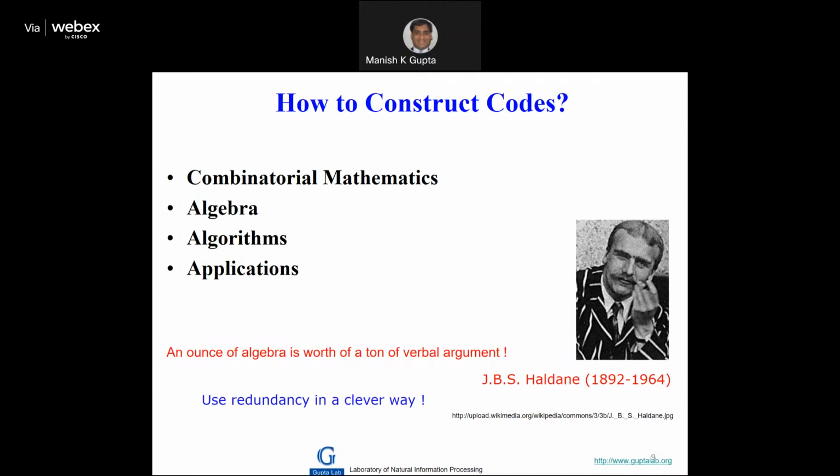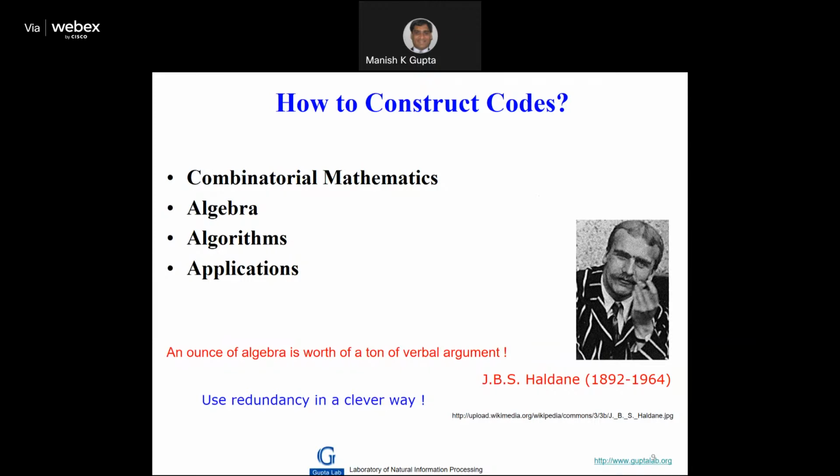Now, how to construct codes? How do you construct these algorithms? The answer is combinatorial mathematics, algebra, or the linear algebra course you might have done, right? The algebra course is happening this semester, right? That is a very important thing. And of course, depending on the application, algebra is very beautiful, right? An ounce of algebra is worth a ton of verbal arguments.